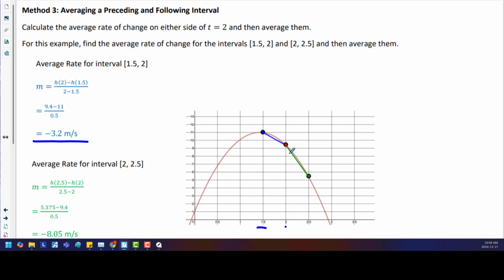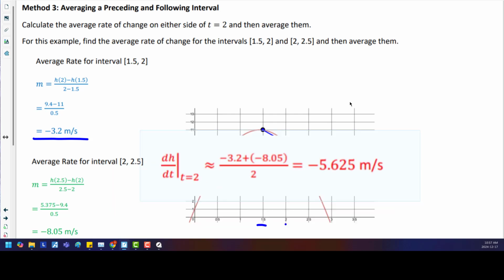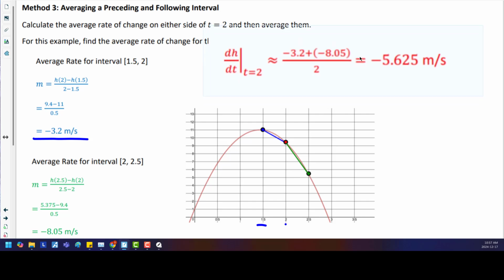Then we're going to pick 2 as a starting point and pick the next value here and find a secant, draw a secant, sorry, and find the slope of that secant, which is going to be, in this case, negative 8.05. And then we take the average of these two values, and that will give us our instantaneous rate of change.